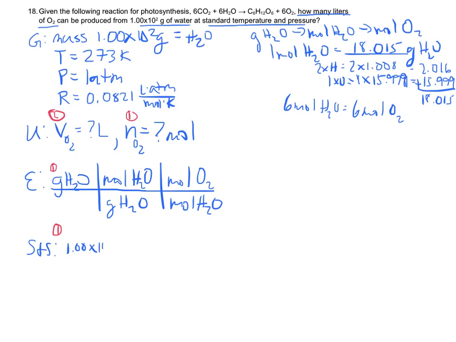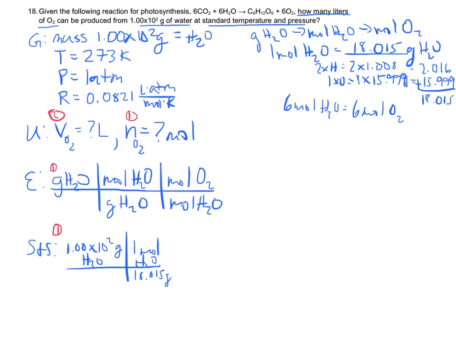So substituting in our numbers, we have 1.00 times 10 to the second grams of H2O, and then 1 mole of H2O is equal to 18.015 grams of water. Sorry, that's very ugly.